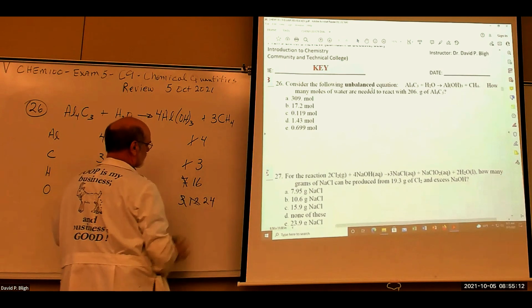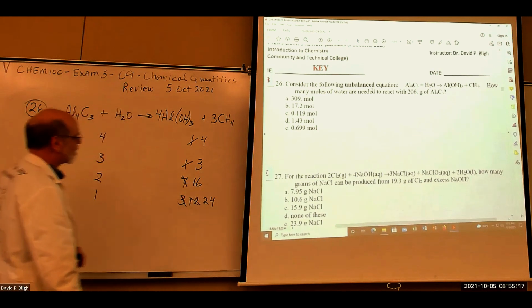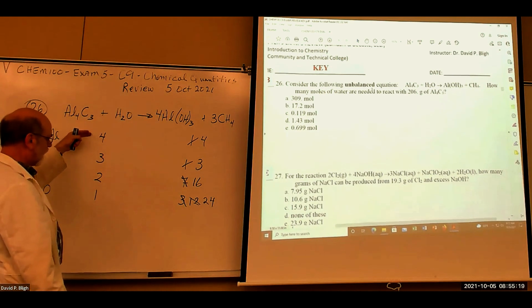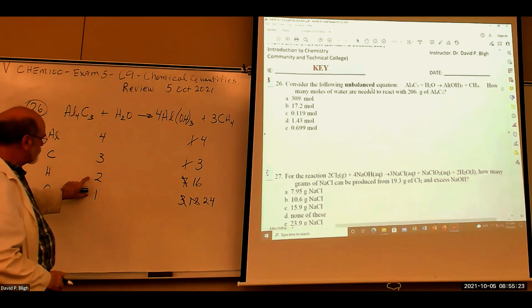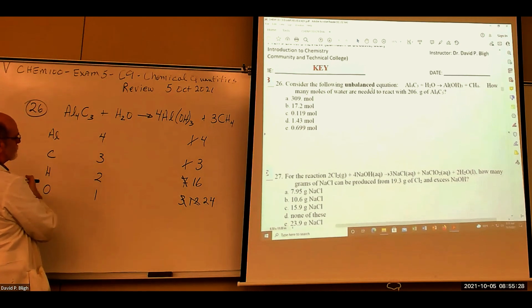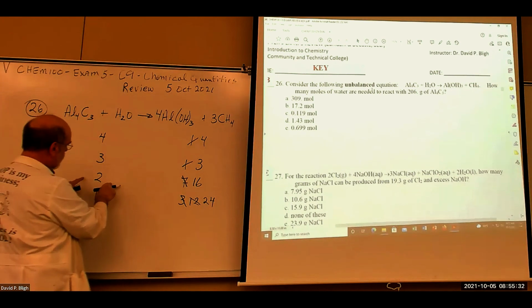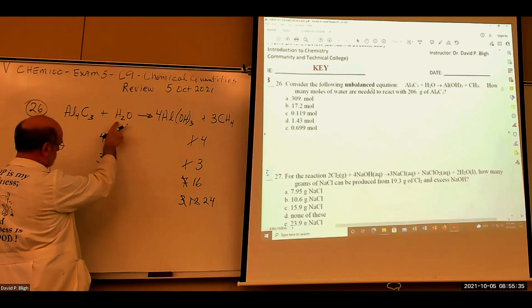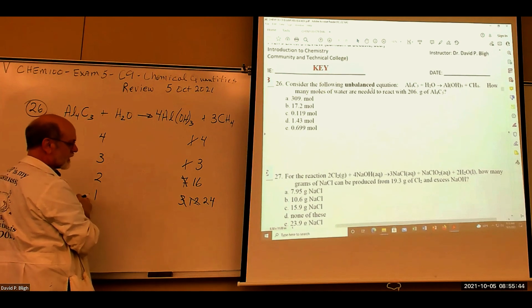That didn't change anything else but carbons and hydrogens. That one's good, that one's good. These two, we still need to balance hydrogens and oxygens on this side. No, that's not right.